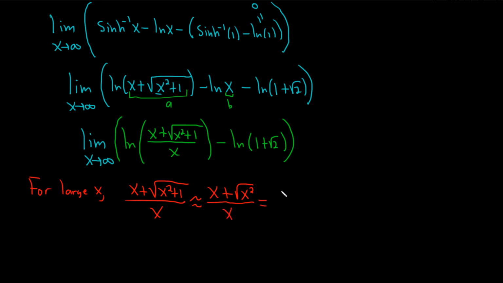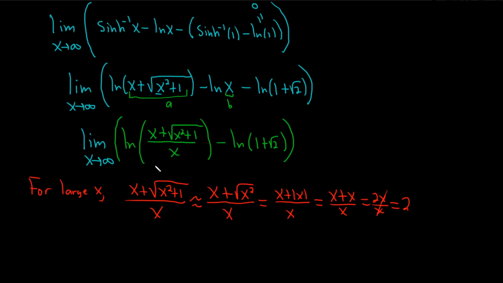And this is equal to x plus the absolute value of x, that's the definition, over x. But x is big, it's approaching infinity, so x is positive. So that means that the absolute value of x is just x. This is x plus x over x. So this is 2x over x. So this is just 2. So for big values of x, the argument of the logarithm is 2.